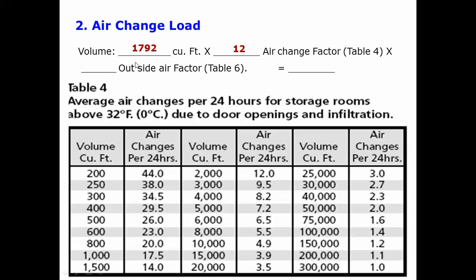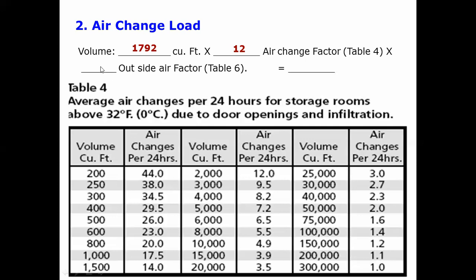So what is our volume? 1792. There are different volumes here: 200, 250, 800, 1000, 1500, 2000. And according to that, different air changes per 24 hours is also given. For 200 is 44, 250 is 38, 800 is 20, 1000 it is 17.5, 1500 is 14, 2000 it is 12. And according to that, it decreases.